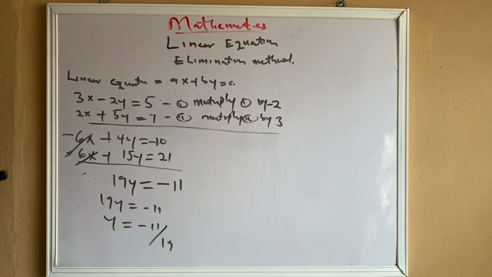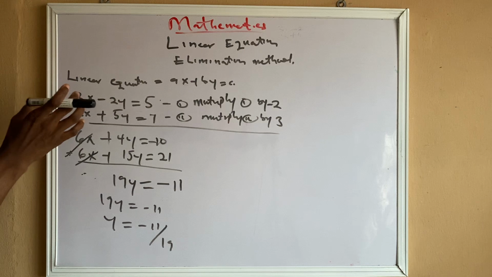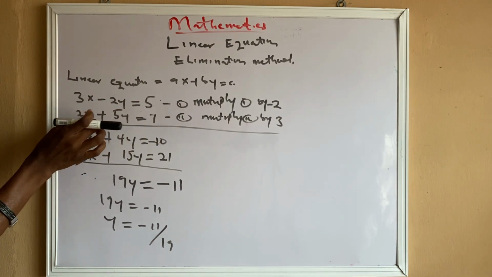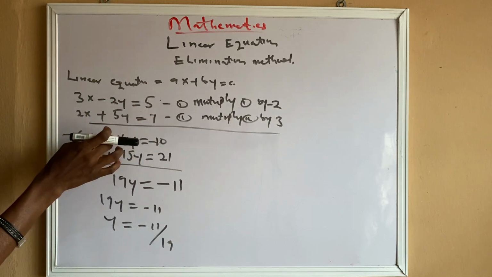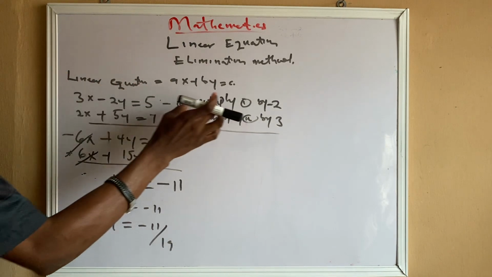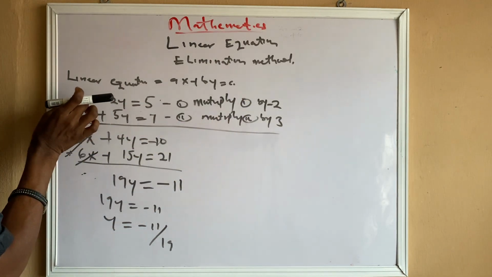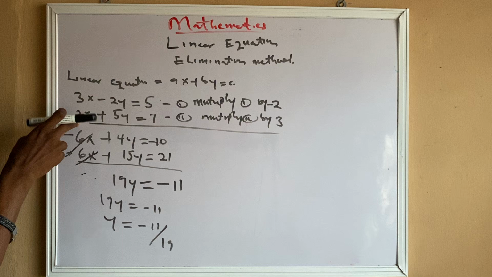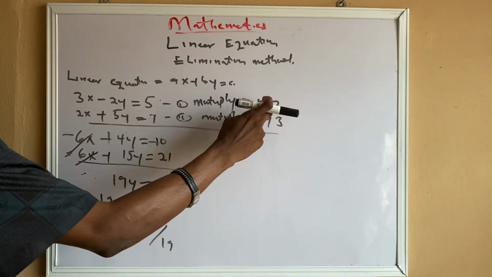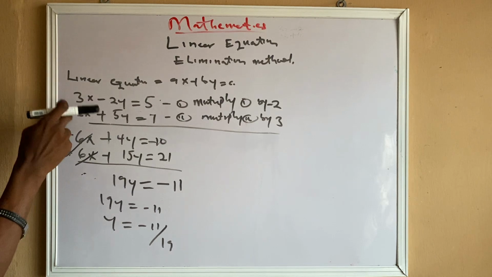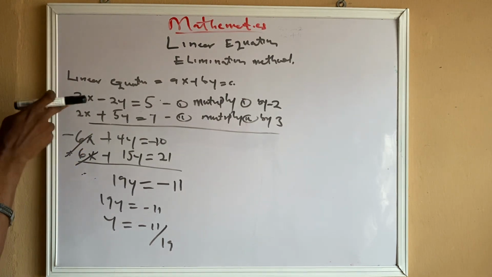Once again, let me explain again. We are given the equations 3x - 2y = 5 and 2x + 5y = 7. The only thing you need to do is multiply equation 1 by the coefficient of x in equation 2, which is minus 2, and multiply equation 2 by the coefficient of x in equation 1, which is 3.